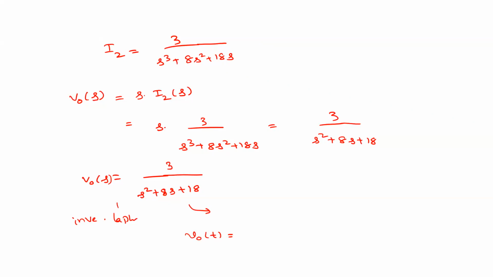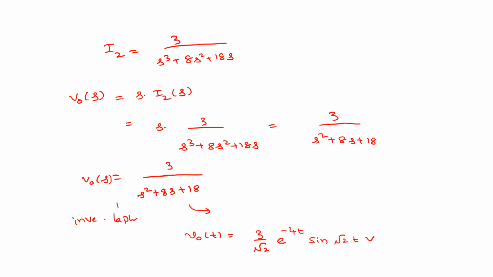Sir, can I say the answer? Yeah. Sir, 3 by root 2 into e to the power of minus 4t into sine root 2 t volts.